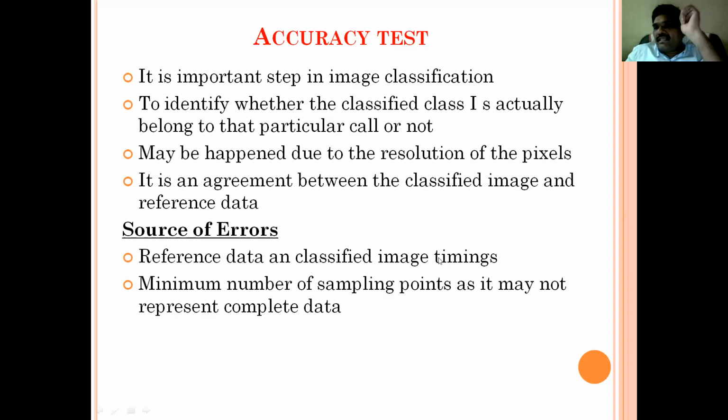The reference data, for suppose, as I said in the previous class, take an example of wheat. When you have taken an image at the beginning, where no crop, only seeding was done. After months, there is a crop. See, the reference data we have taken pre-monsoon and you classified the image post-monsoon, and in the classified data you are mentioning at a particular coordinate seeding, that means empty soil.